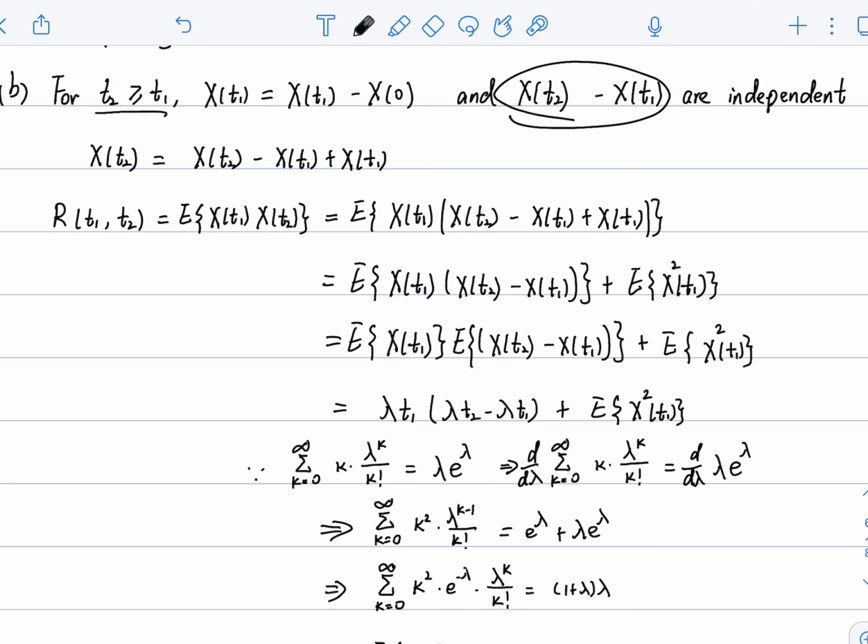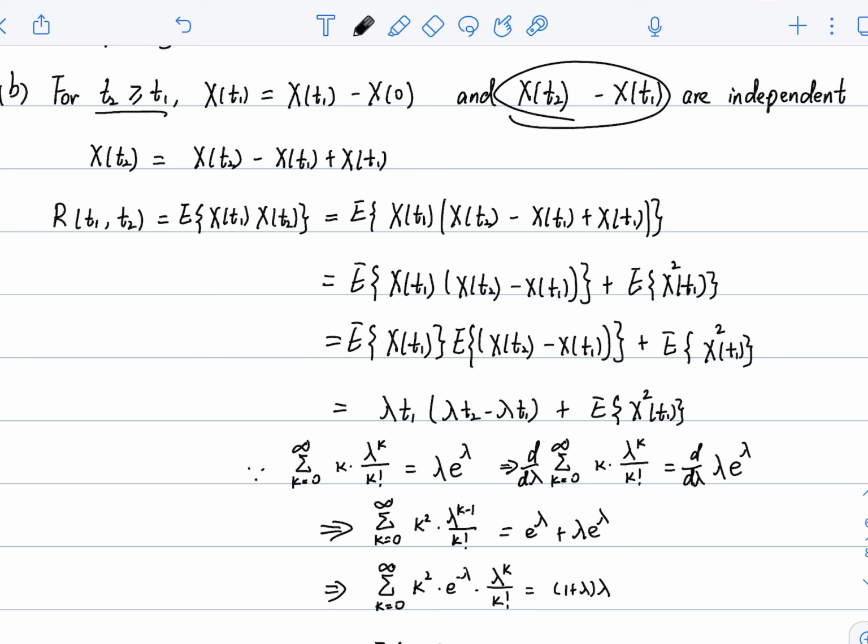So we calculate the correlation of T1 and T2, which is equal to the expected value of X(t1) X(t2). We can expand the expression of X(t2), which is equal to X(t2) minus X(t1) plus X(t1). This is an identity.